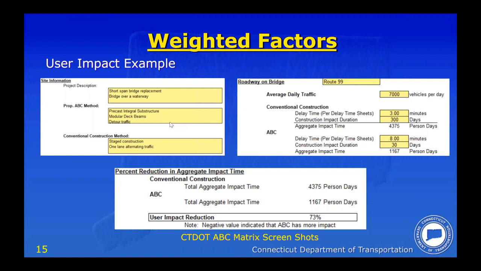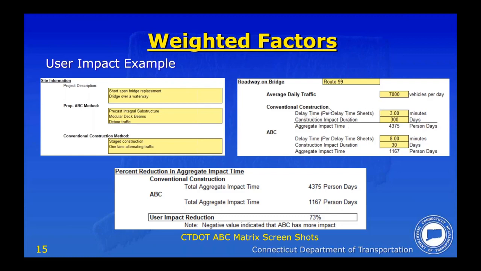Precast integral substructure modular deck beam with detour traffic is the ABC alternative. The conventional alternative is staged construction, 1-lane alternating. So the conventional is compared to the ABC from a net delay time, expressed, as I said, in person days. That's the equivalent of 1 person sitting in traffic stationary for 24 hours.